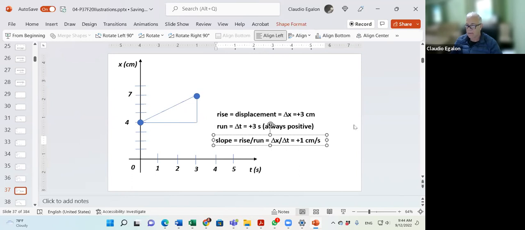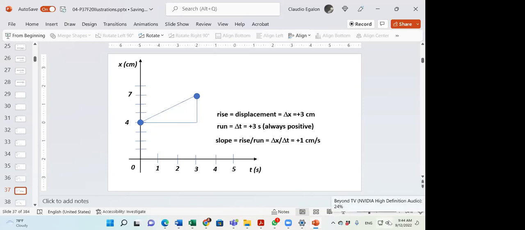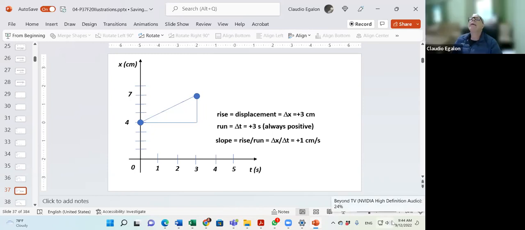Professor, I have a question. Yeah, go ahead. Can delta t be equal to 0 at any point? Let's see. Can delta t be equal to 0? Yes, it can, if you have simultaneous events, like two lighthouses flickering simultaneously.